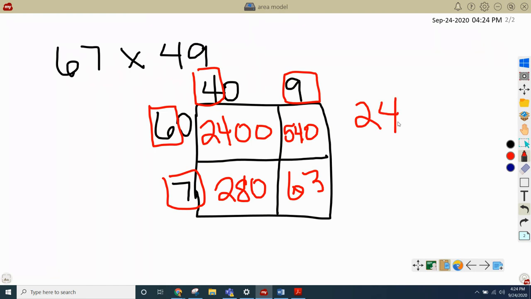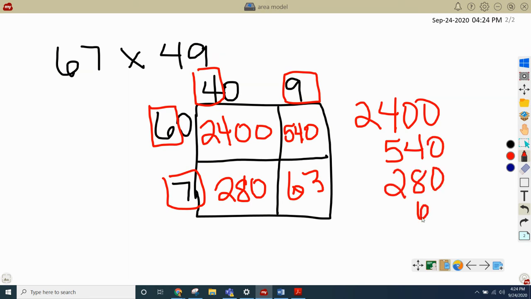So 2,400 plus 540 plus 280 plus 63 is $3,283.